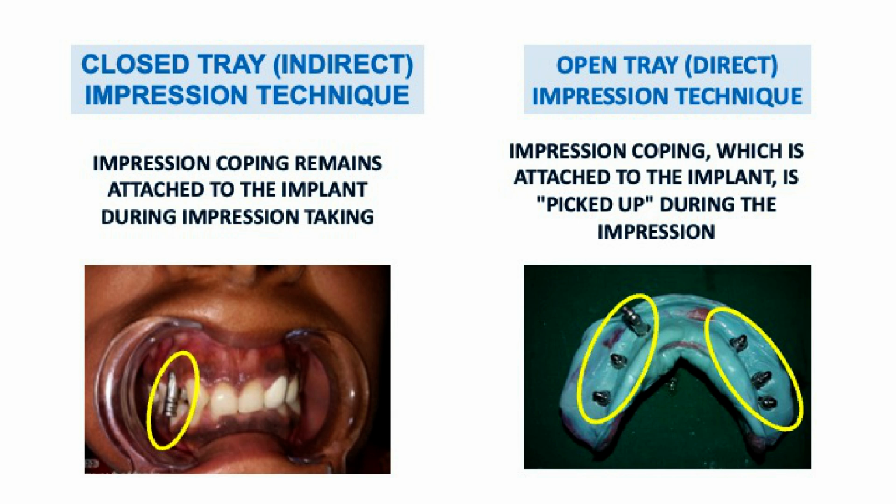And you guys also heard about the abutment level and implant level impression technique. What is this? If we are picking the coping along with the impression as in direct technique, it is called implant level impression technique, and closed technique is called abutment level because the coping is not picked up along with the impression.